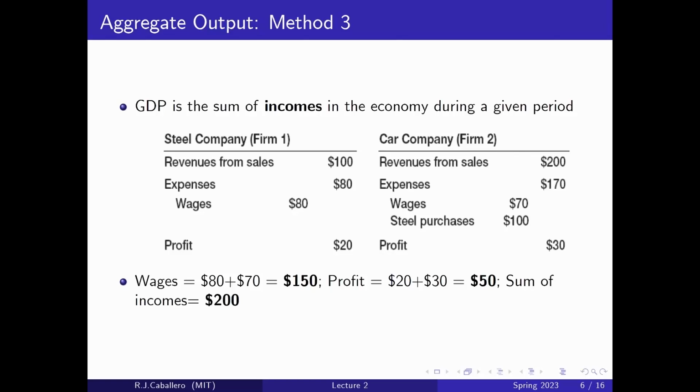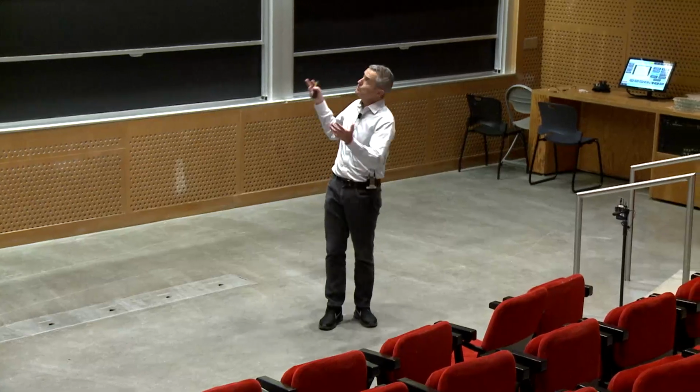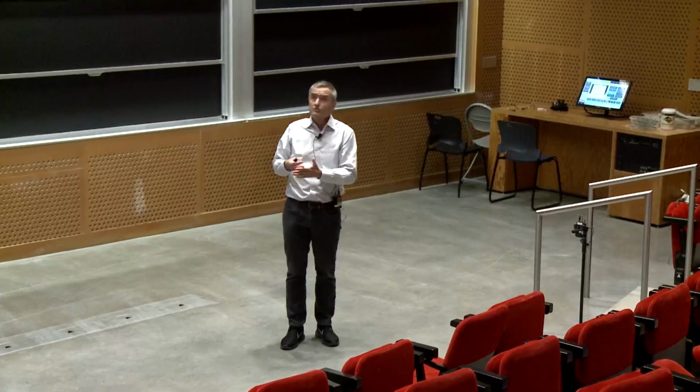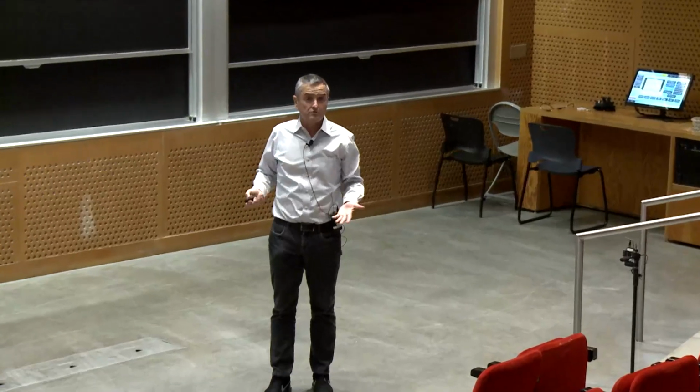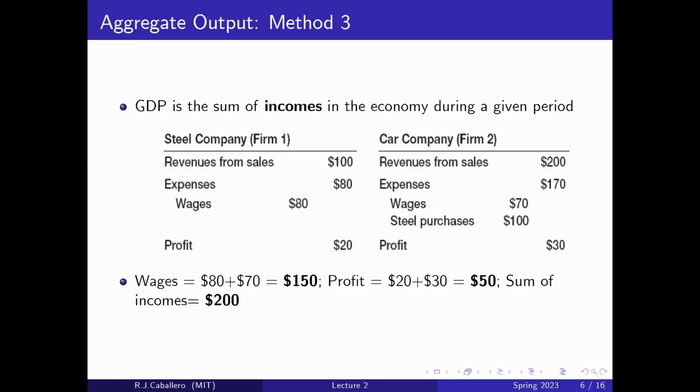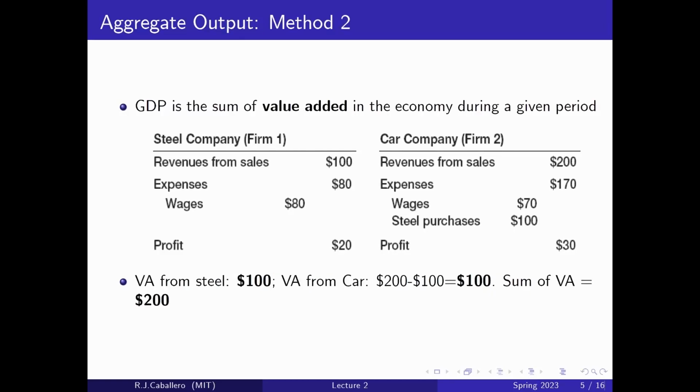And one of the features I showed you of these methods is that they are immune to organizational structure within the economy. So for example, if these two companies were to merge, clearly the sum of incomes would not change. It would still be 200. The value added method would not change either, because if they were to merge, then the whole revenue from sales of the car company would be value added. Everything would be produced in-house, and still the answer would be 200, because this company would disappear, merged inside here.